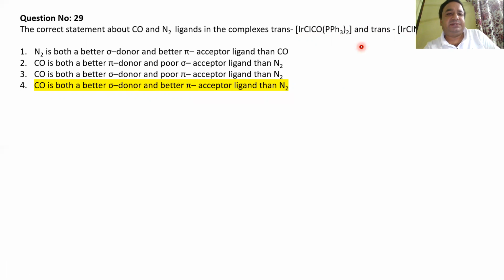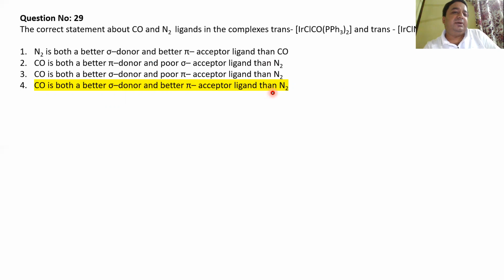Option 1 is N2 is a better sigma donor and a better pi acceptor ligand than CO. Option 2 is CO is a better pi donor and a poorer pi acceptor, sigma acceptor ligand than N2. Option 3 is CO is a better sigma donor and a poorer pi acceptor ligand than N2. Option 4 is CO is a better sigma donor and a better pi acceptor ligand than N2.